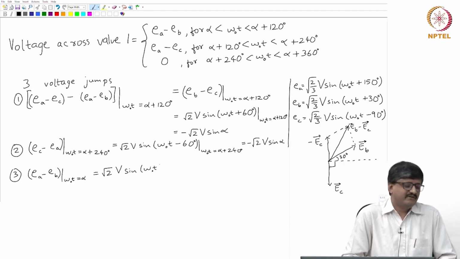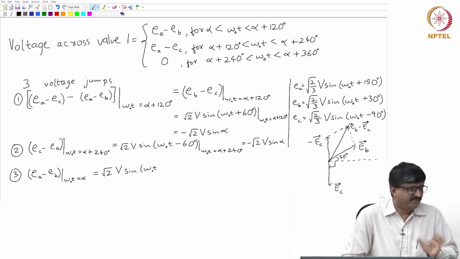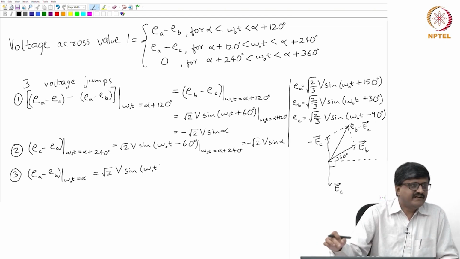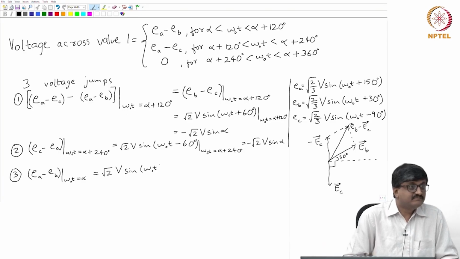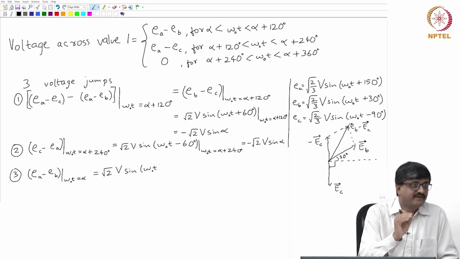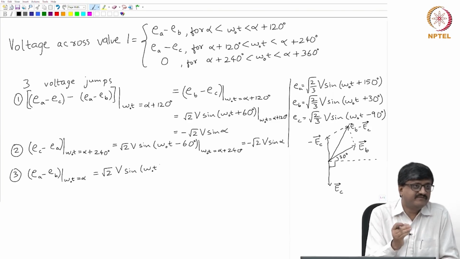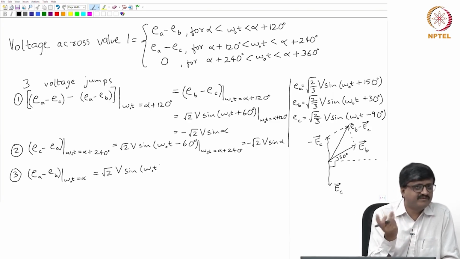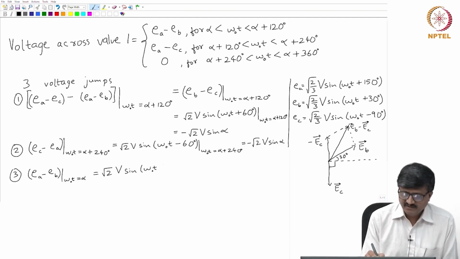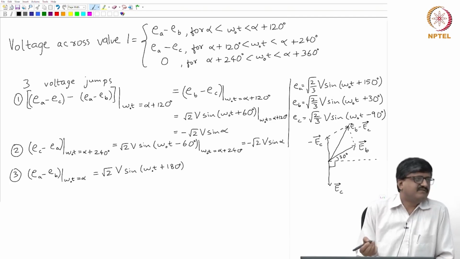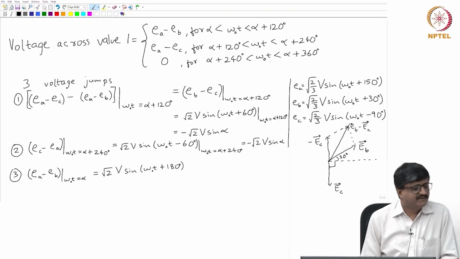Better to get angles between minus 180 and plus 180, so minus 150. So, I have 150 and minus 150. The two phasors are 150 and minus 150, the resultant is minus 180 or plus 180. So, this is root 2 V sin omega OT plus or minus 180, which does not make any difference.